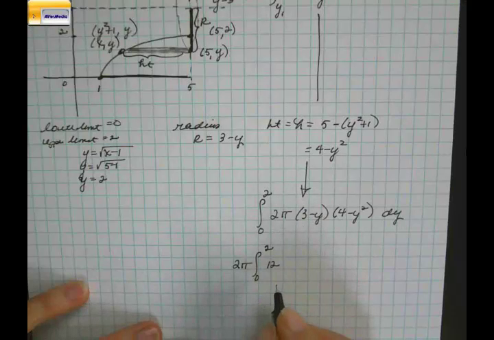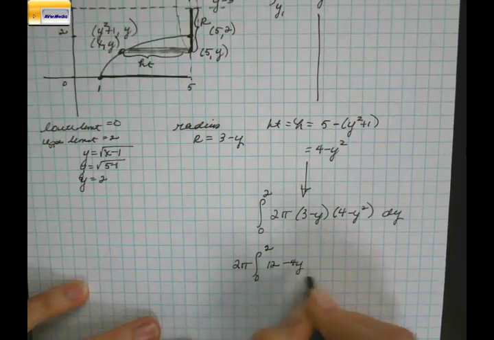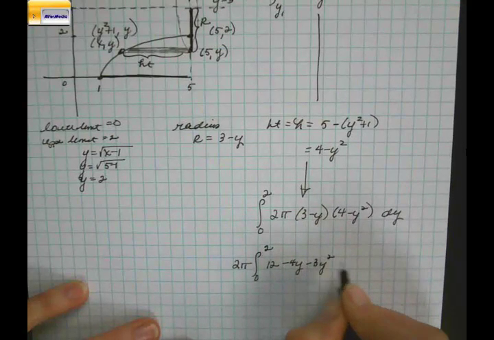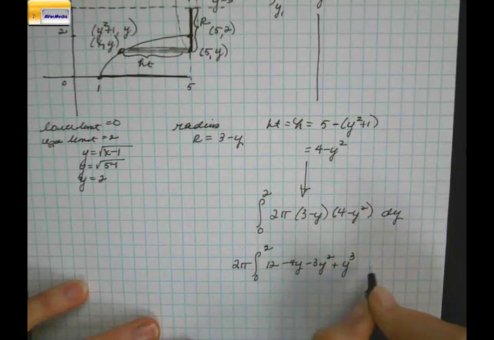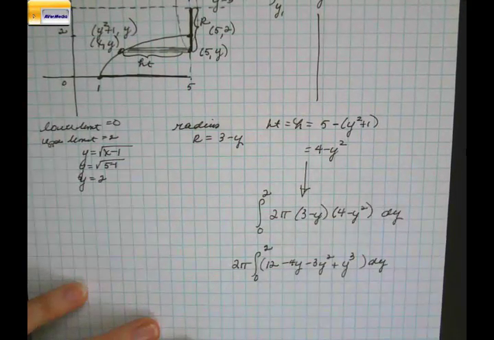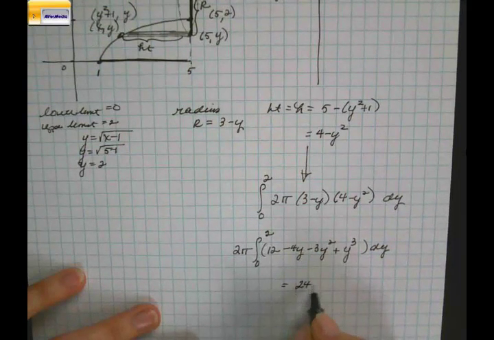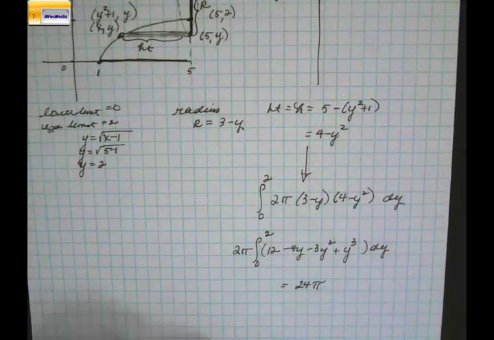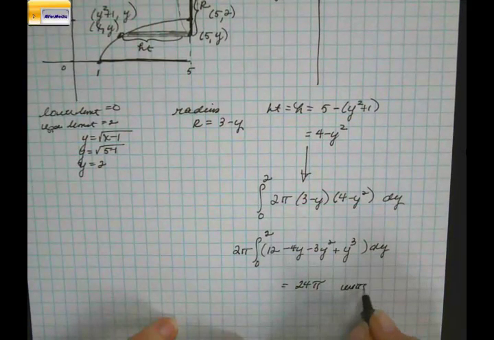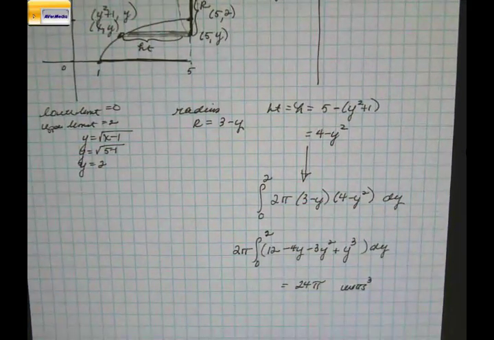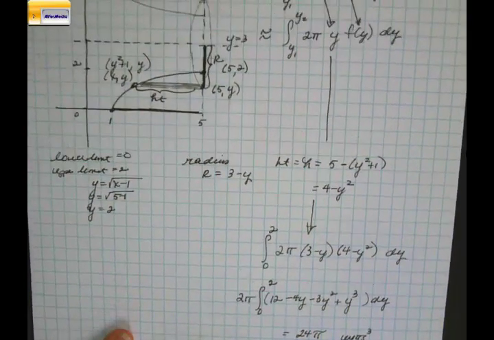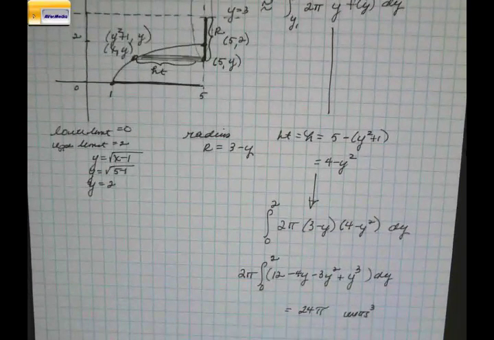So this is 12 minus 4y minus 3y squared plus y cubed dy. And wave the magical wand. Somebody's doing a lot of work. It goes 24 pi cubic units, because it is a volume amount. That's a pretty tough one, people. That's an interesting one.